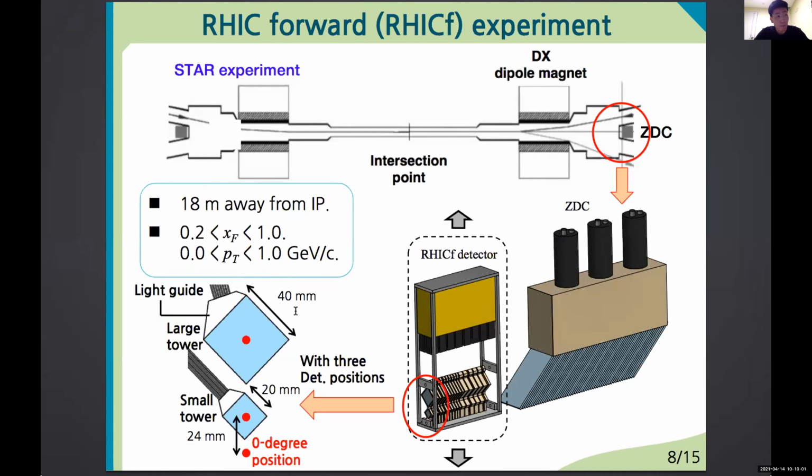As shown in the left bottom figure, the LHCf detector consists of small and large sampling towers. By moving the detector, we measured the very forward neutral particles, including pi0, over the xF range from 0.2 to 1 and PT range from 0 to 1 GeV/c.